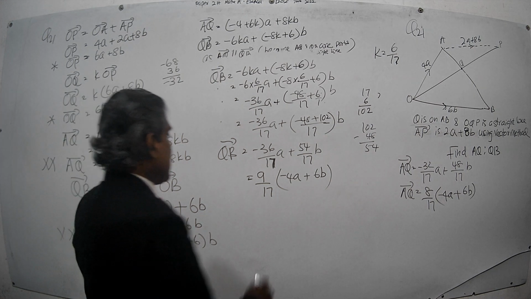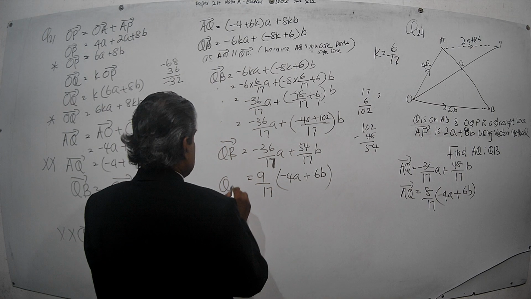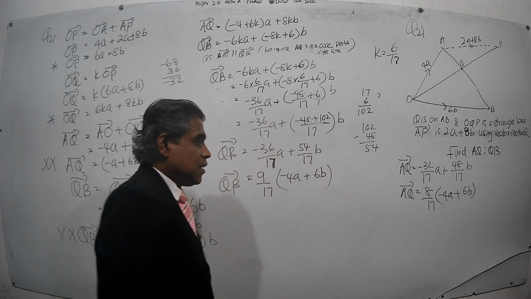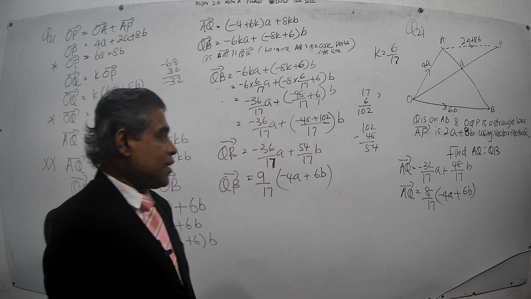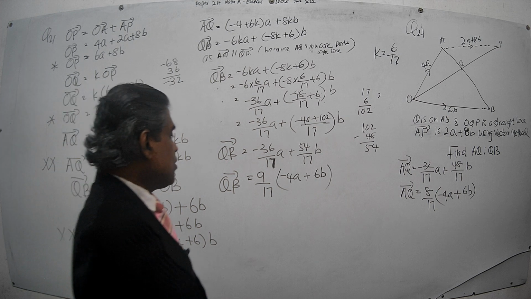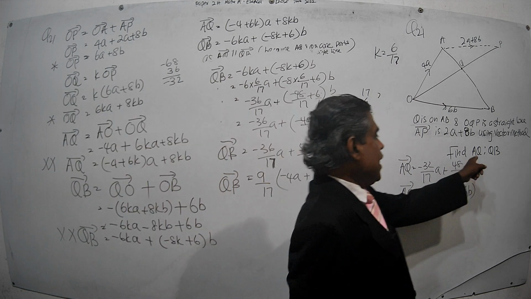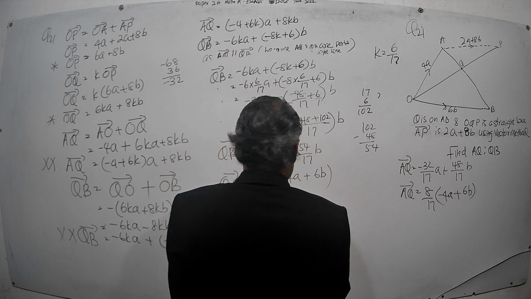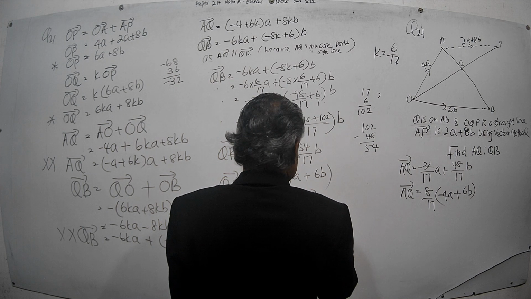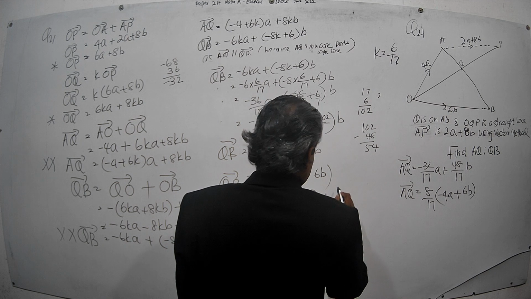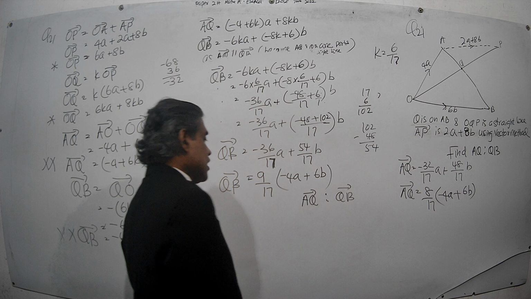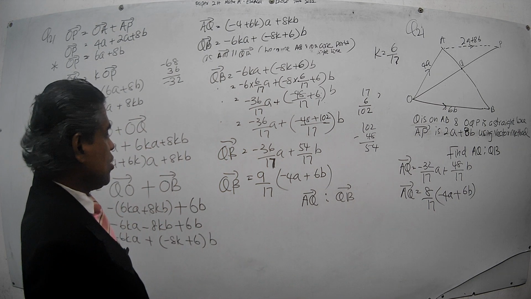Now we have taken the two vectors in numerical terms, and in terms of a and b. Now we want to find the ratio between vector AQ and vector QB. What is vector AQ?